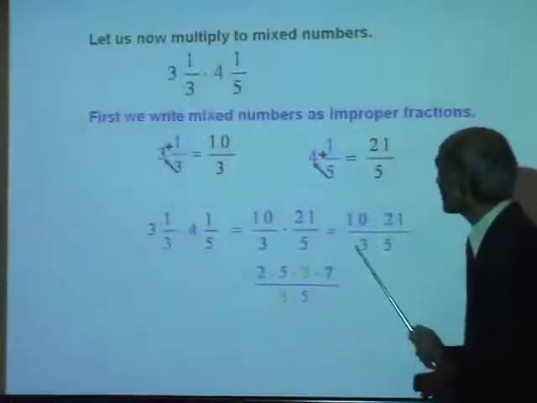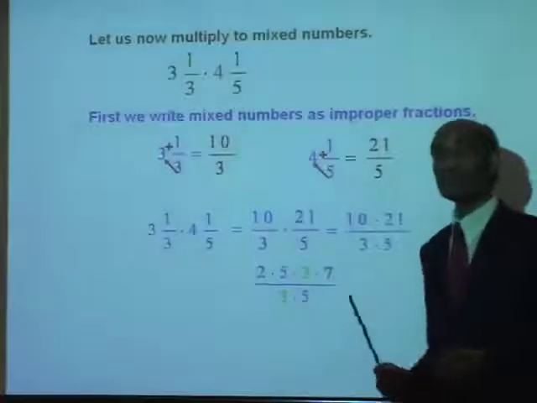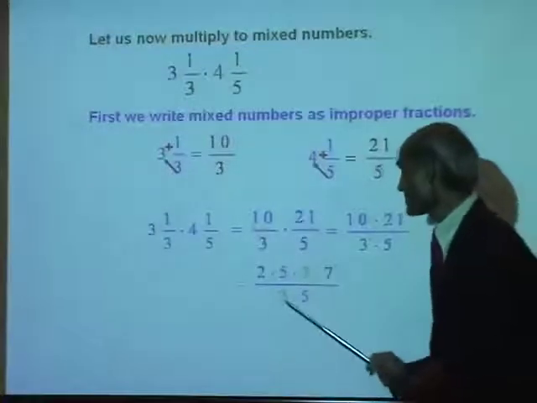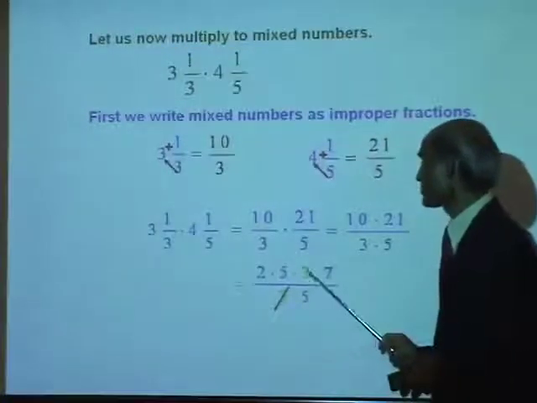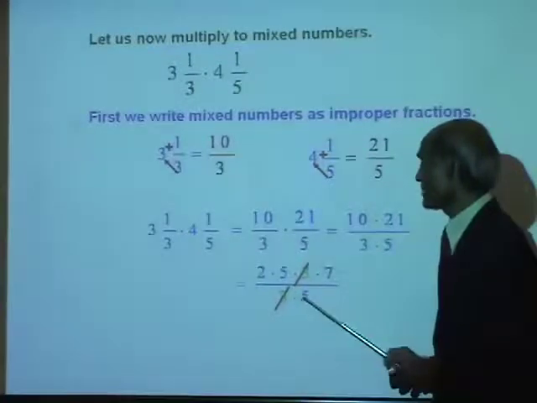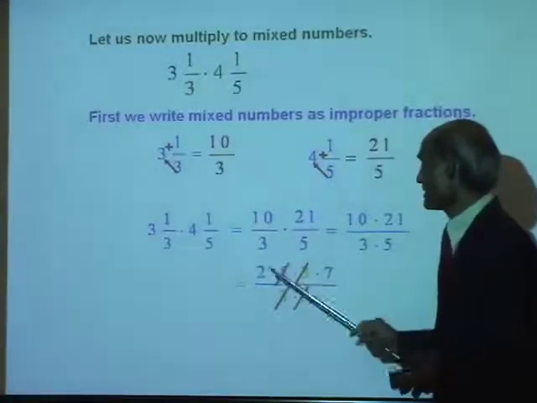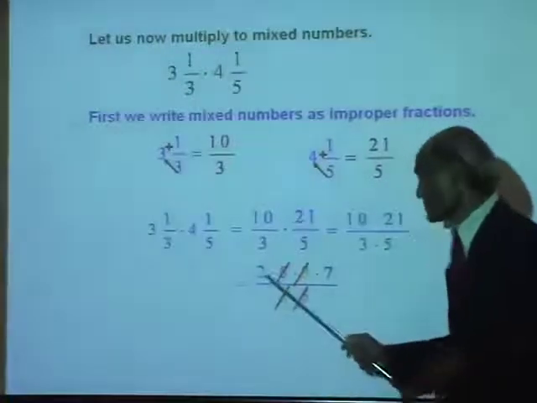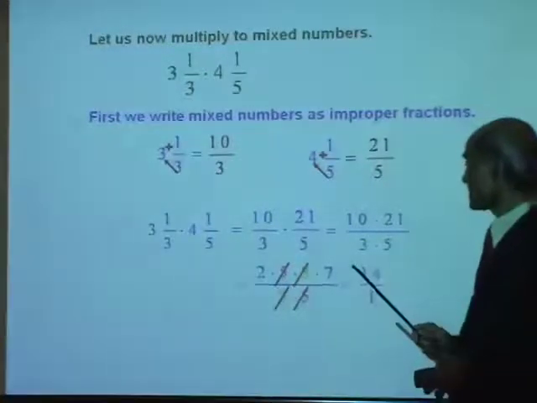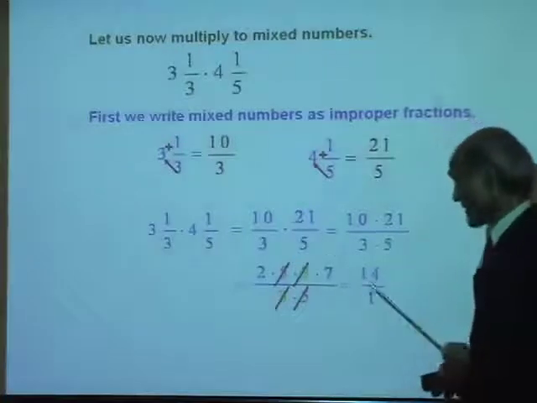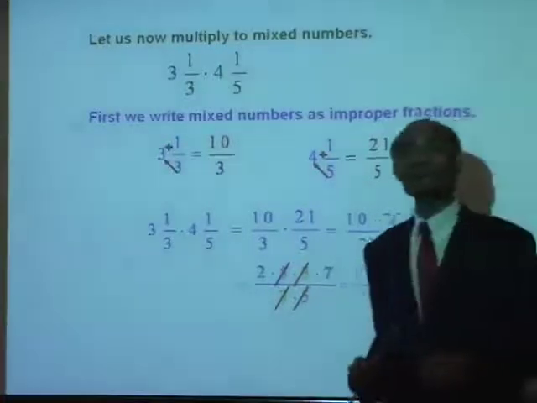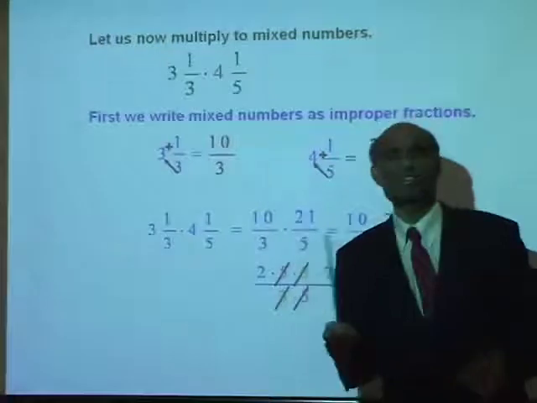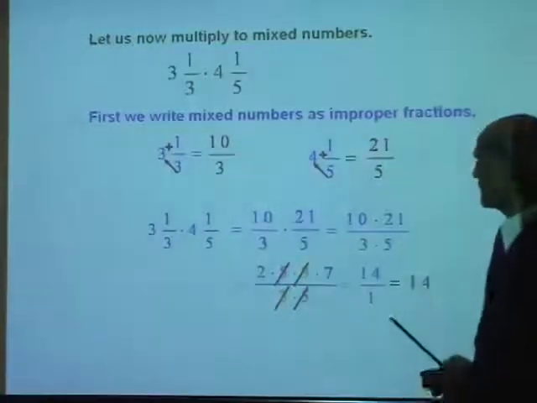And, of course, the denominator is 3 times 5. Let's cancel common factors. 3 goes with 3. 5 goes with 5. The denominator is 1. The numerator is 2 times 7, 14. And when the denominator is 1, we don't normally care about it. We just leave it. So the answer is 14.